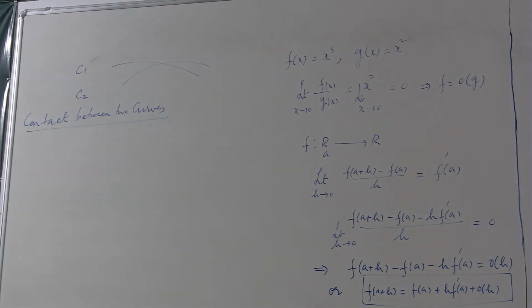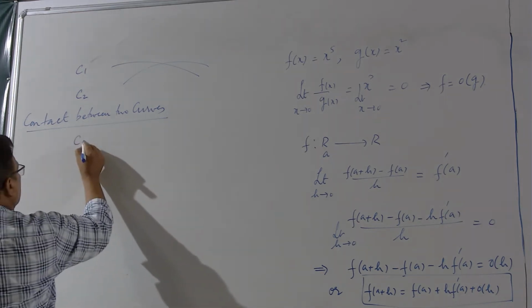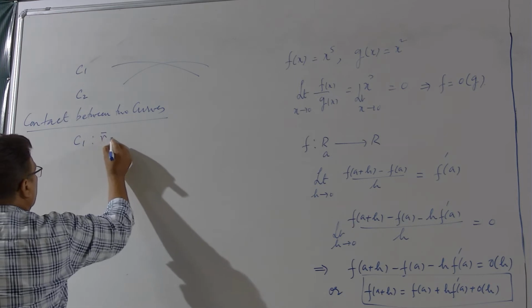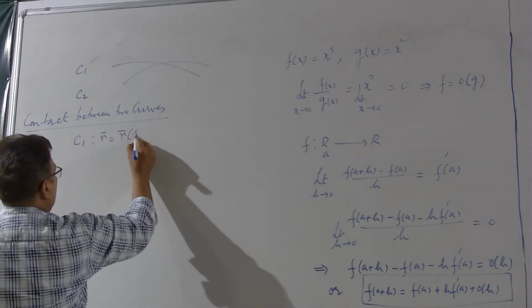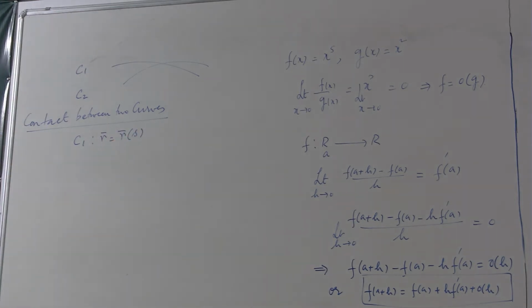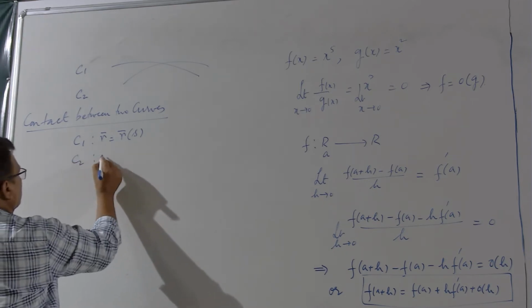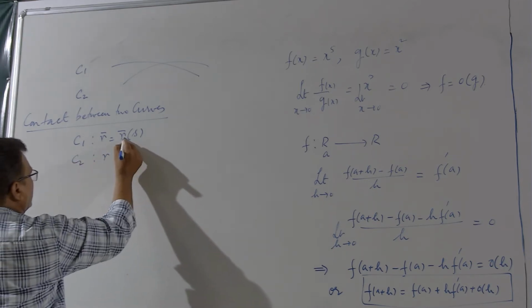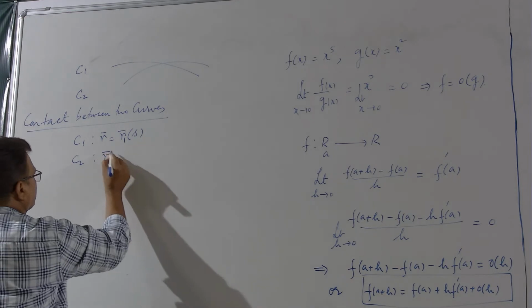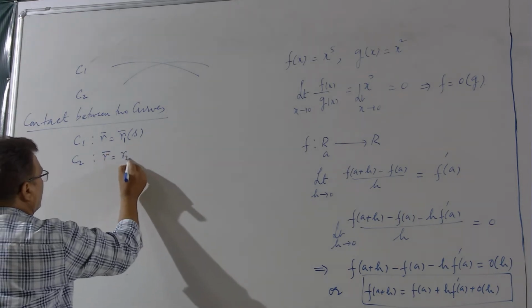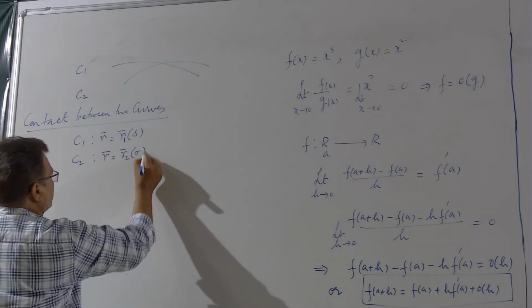So, I am assuming that C1 is R equal to R s. So, this is the parametric equation in natural parameterization for the curve C1, and C2 is another curve. Let me write down R1 s; the second curve is R equal to R2 sigma.